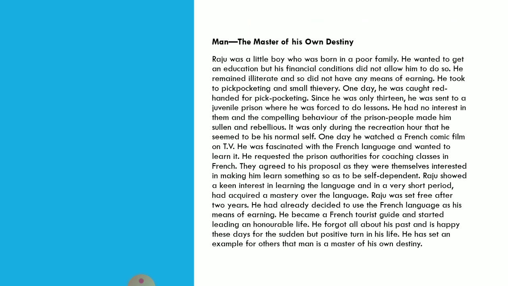He had already decided to use the French language as his means of earning. He became a French tourist guide and started leading an honorable life. He forgot all about his past and is happy these days for the sudden but positive turn in his life. He has set an example for others that man is a master of his own destiny.